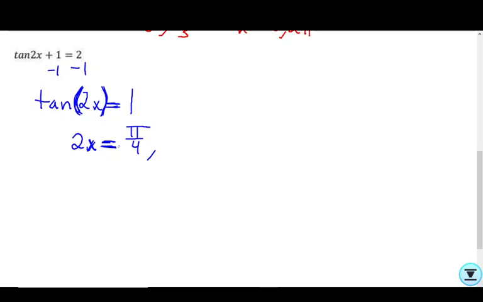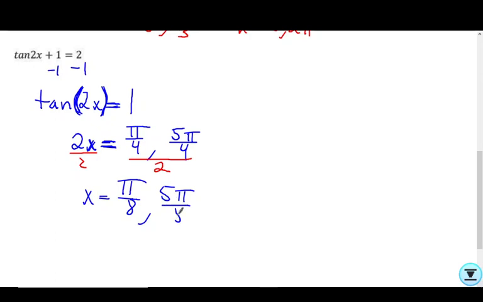So pi over 4 and 5 pi over 4. Now I've got to get x by itself by dividing by 2. So I get x equals pi over 8 and 5 pi over 8.